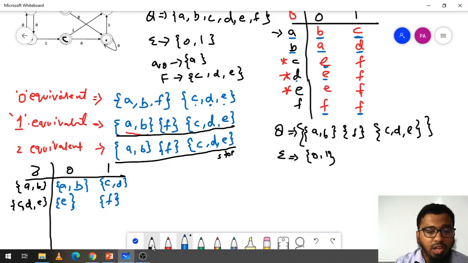And the last one is F. F on 0 is F. F on 1 is F only. So this is our final graph.